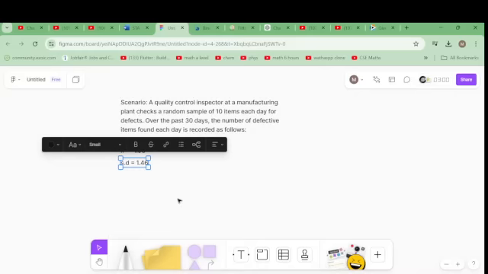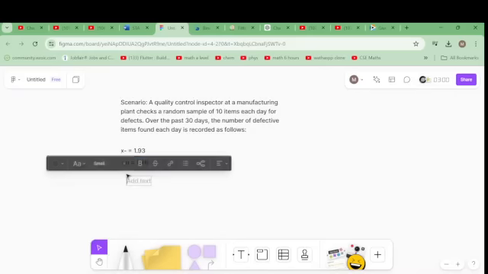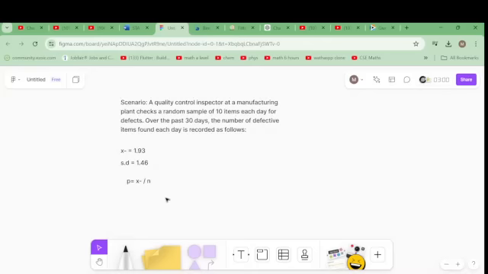What do you find next? You find your p. So what's our p? We said our p equals x bar divided by the n. So now, what is our n?